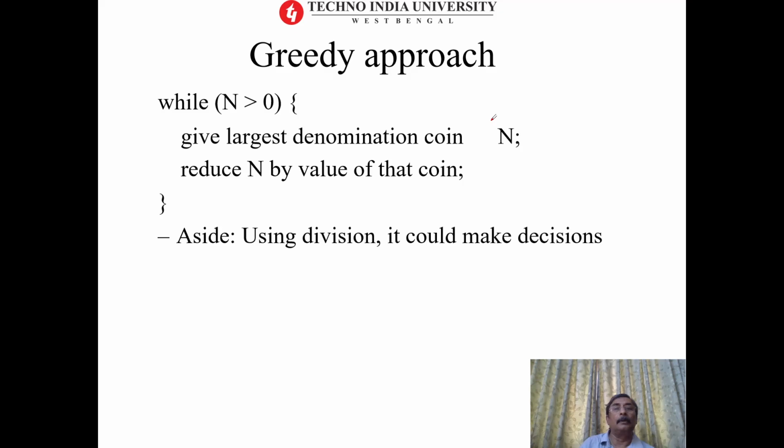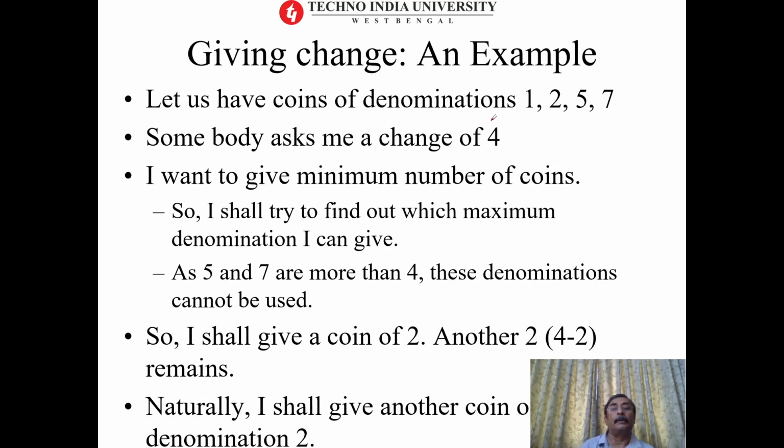What we could do is look at one example. Let us say that I have coins of denominations 1, 2, 5, and 7, and somebody asks me to give a change of 4. As a vending machine, I want to give the minimum number of coins.